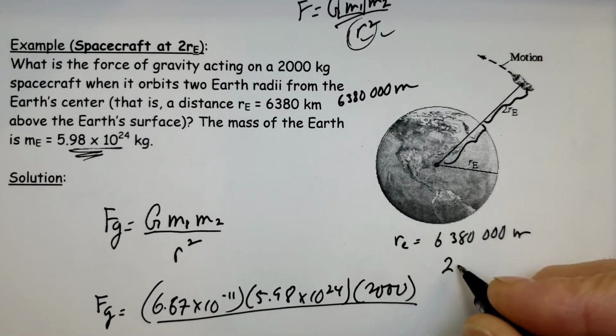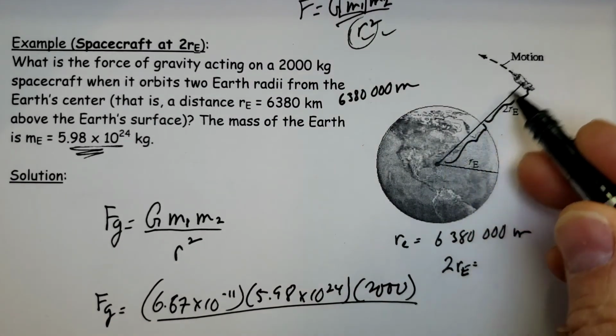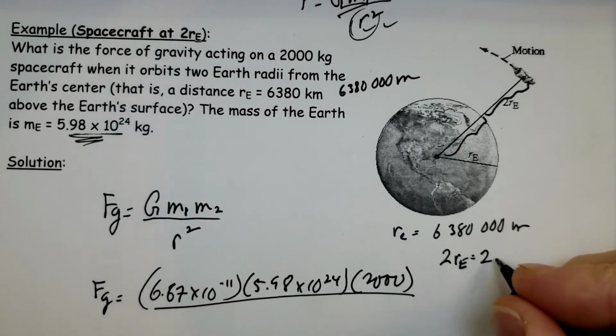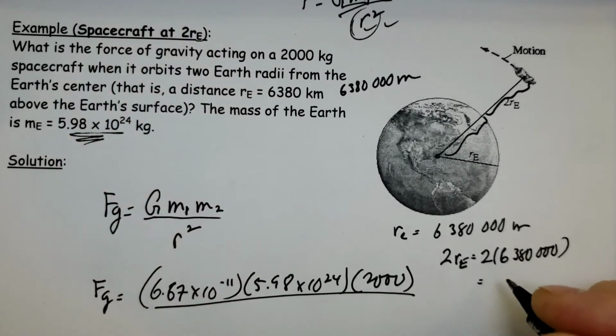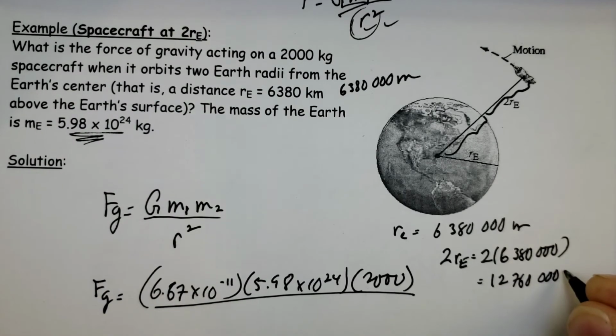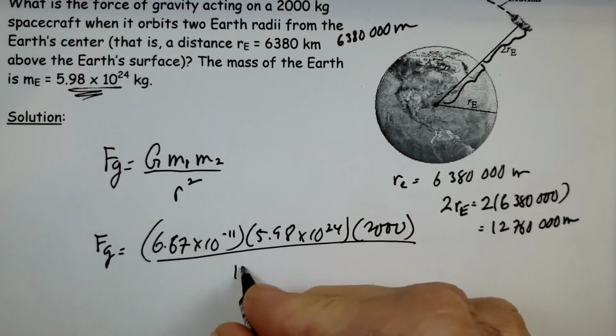But to figure out two Earth radii, because remember, it's two of those, we have to take that and double it. So when we do that, let's see, what do we get here? 12,760,000 meters. Remember, we have to have this in meters.